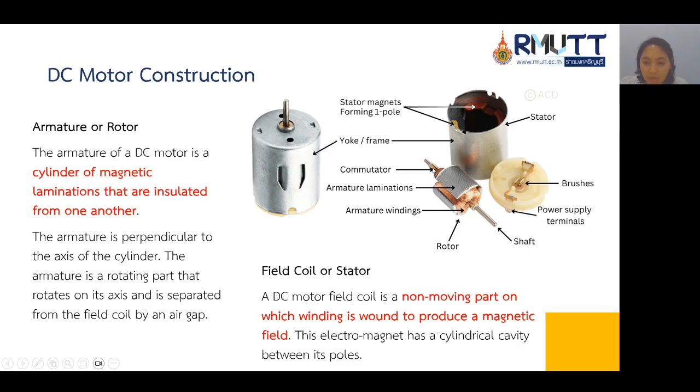And then this is the commutator. This is the armature lamination. This is the armature winding. And this is the rotor. This is the shaft. This is the brushes. And this is the power supply terminals. There are 2 terminals.